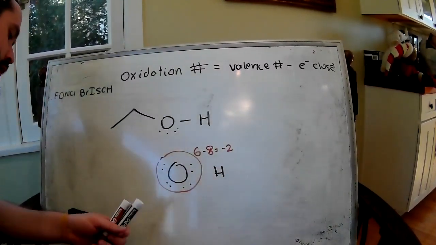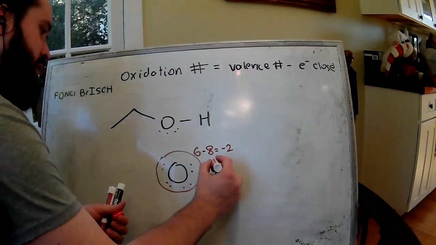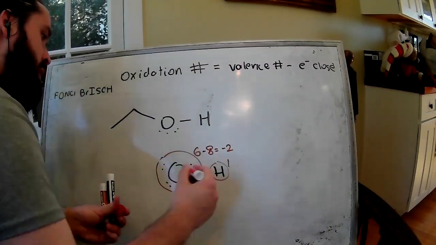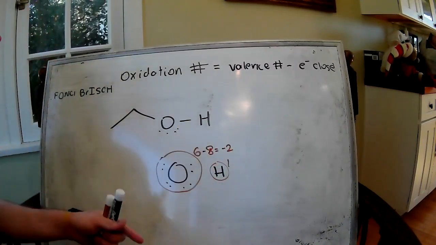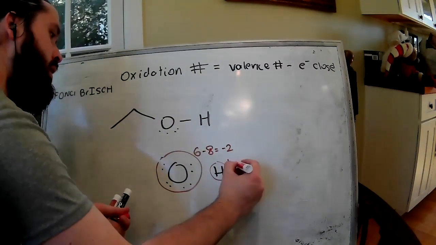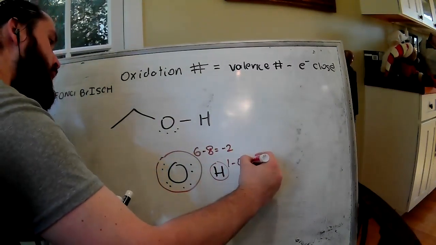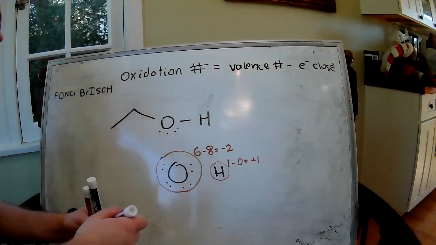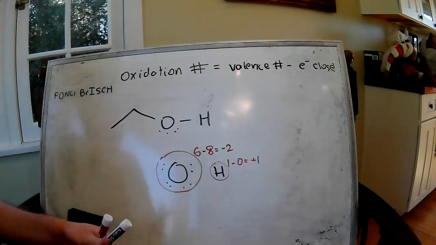Now let's go back over here to hydrogen. So we know hydrogen's valence number is 1, and oxygen stole its electrons from hydrogen. Hydrogen has no electrons close to it. So hydrogen's going to be left with a +1 oxidation number.